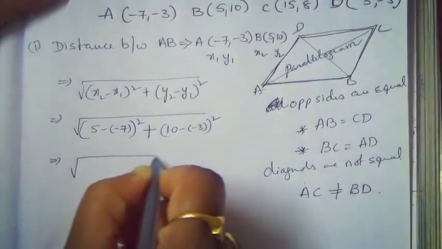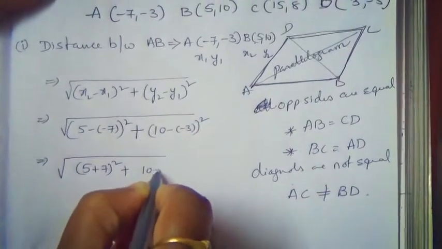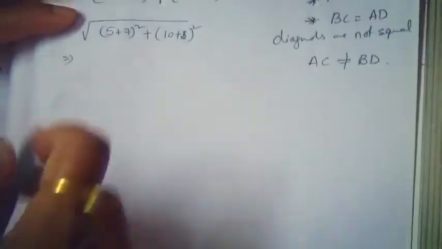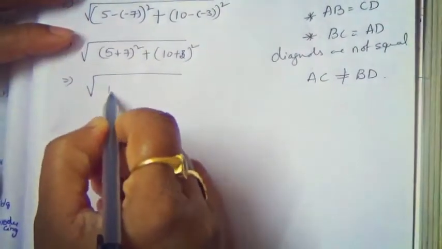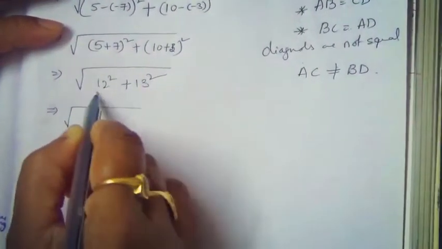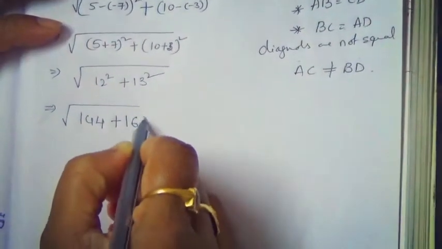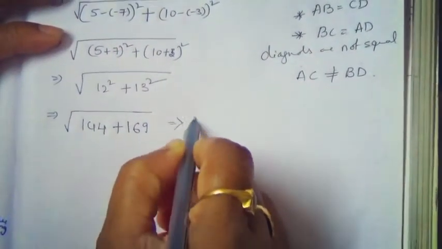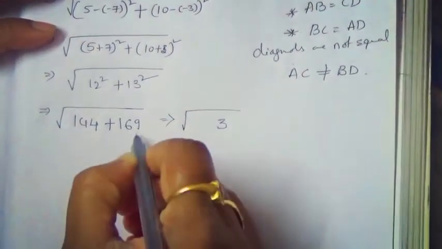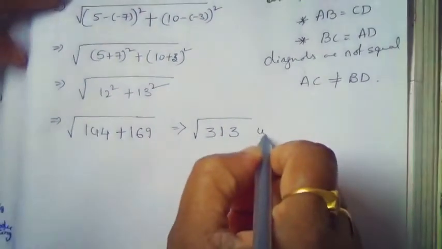That implies square root of (5 plus 7) whole square plus (10 plus 3) whole square, square root of 12 square plus 13 square. 12 square means 144, 13 square means 169. By adding these two you will get 313, square root of 313 units.